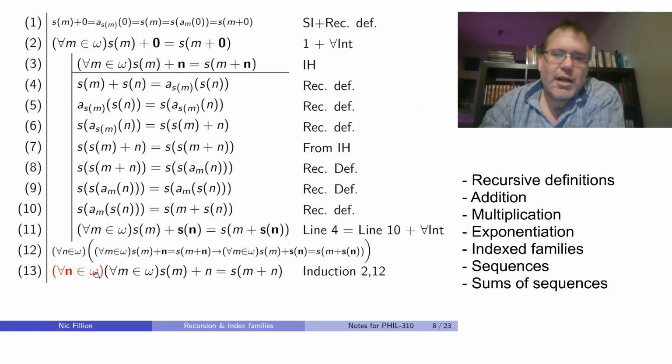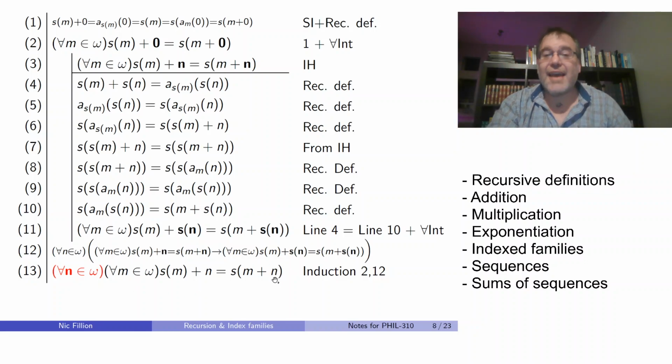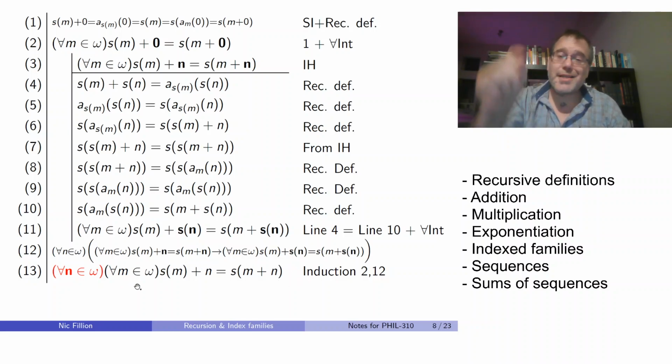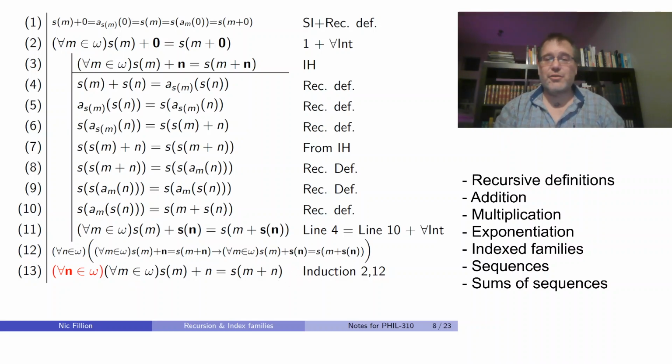Okay, so here I put that quantifier in red to show you that I did change the order, but also the part in black that follows. Now that's a big expression, but look at it. n is a variable in that, right? So that whole element in black on line 13 is what we're going to use as the property phi of n to do induction.